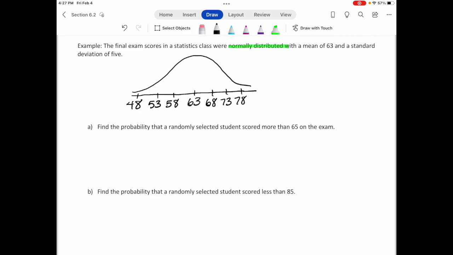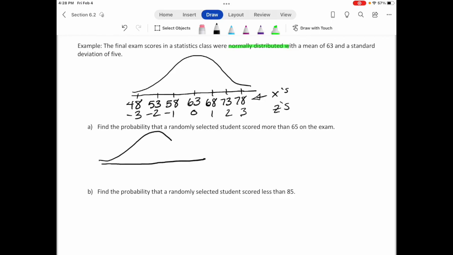Part A says, find the probability that a randomly selected student scores more than 65 on the exam. Now, I know that these are my raw scores. These are my X's. My Z's look like this for my standard normal distribution.